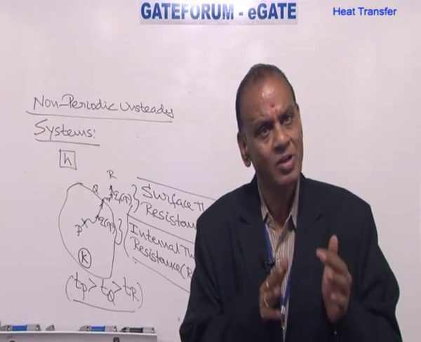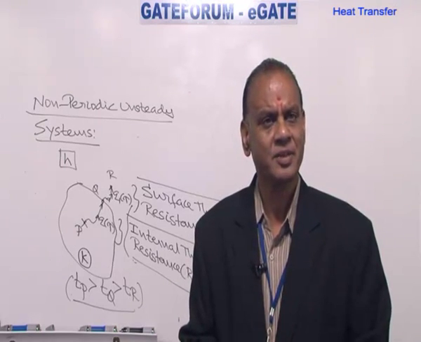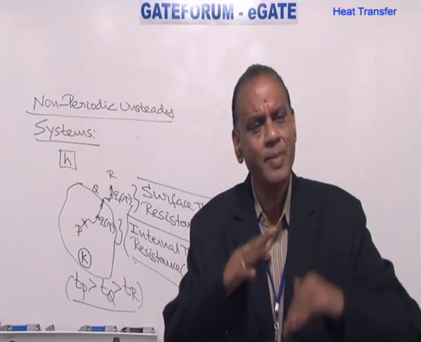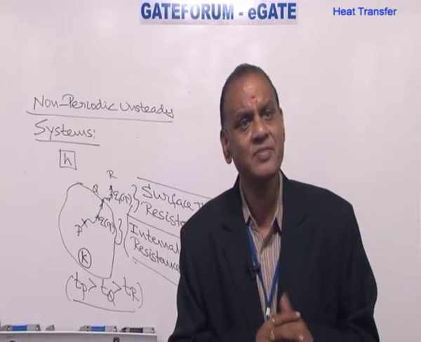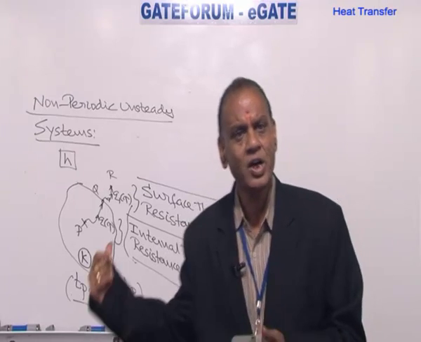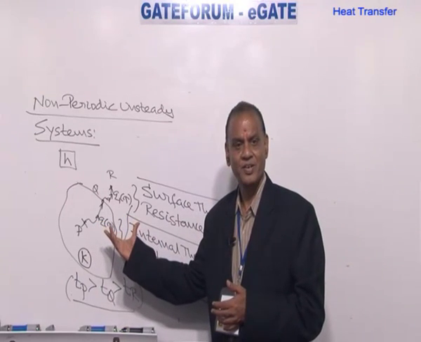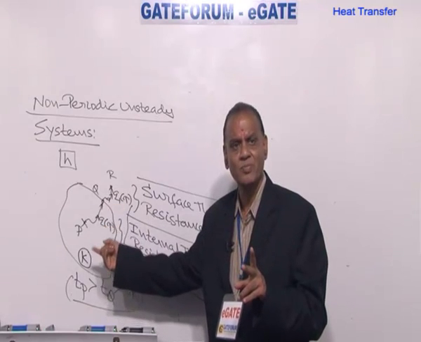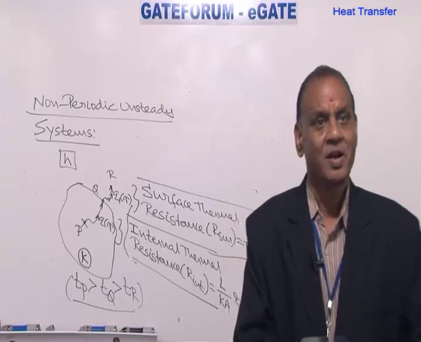Okay. So we are trying to have further categorization of non-periodic unsteady systems. Whenever you want to have any classification, you must have some basis upon which we can classify. That basis we are creating by way of this particular example, by way of this particular figure. We are considering two resistances, one is inside the system, the other is on the surface of the system.